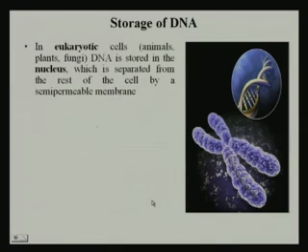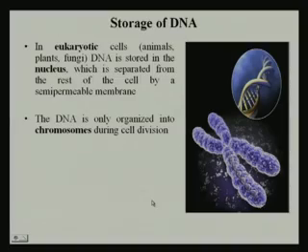Now, suppose this is the double helical structure, and if we wind this double helix around the thumb and it forms a right-handed helix, it will be wound like this, and this is called the right-handed helix of DNA.